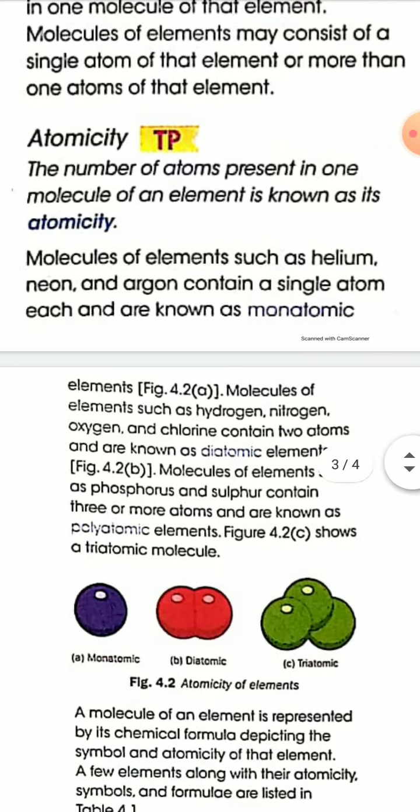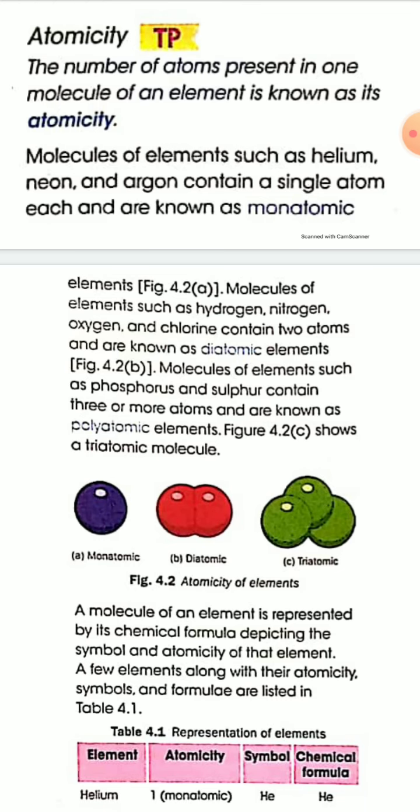Now, atomicity. What is atomicity? I have already told that molecules of some elements can exist as a single atom, and molecules of some elements can exist as a combination of more than one atom, that is, a group of atoms.